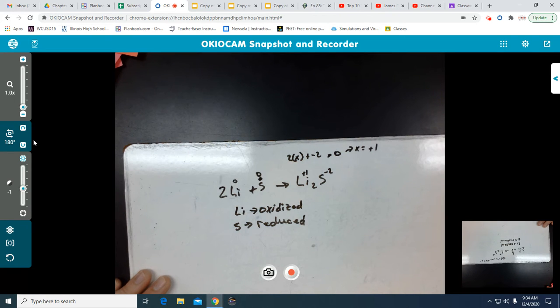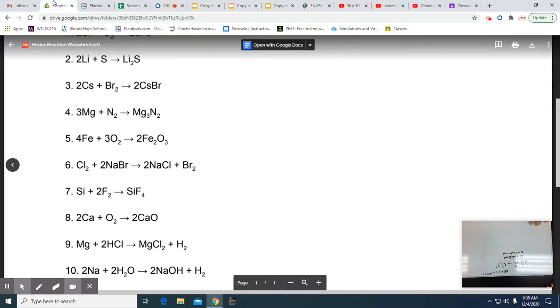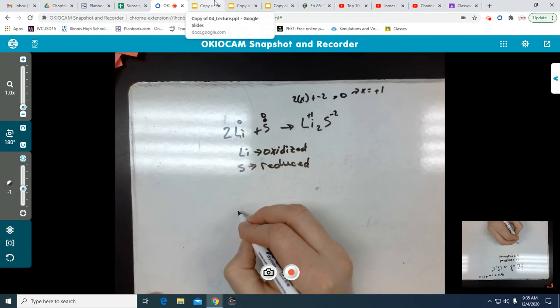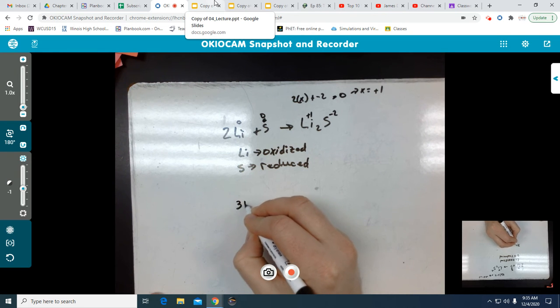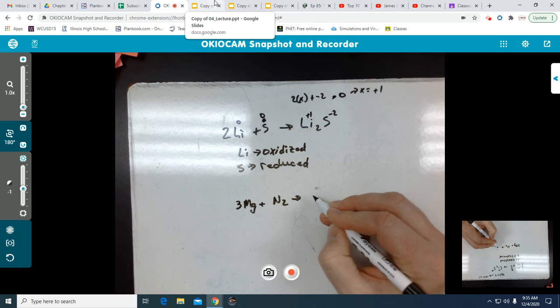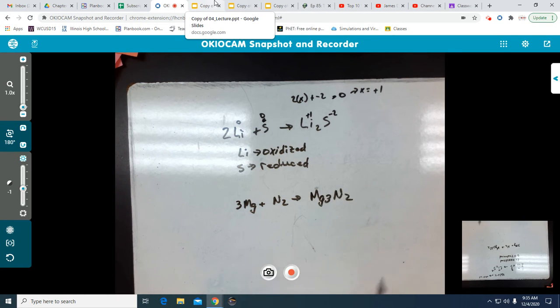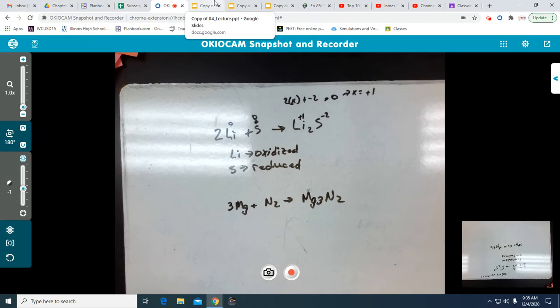Let's do another example. Let's go to number 4. We see here 3Mg plus N2 yields Mg3N2. Again, you can pick the way you want to go.